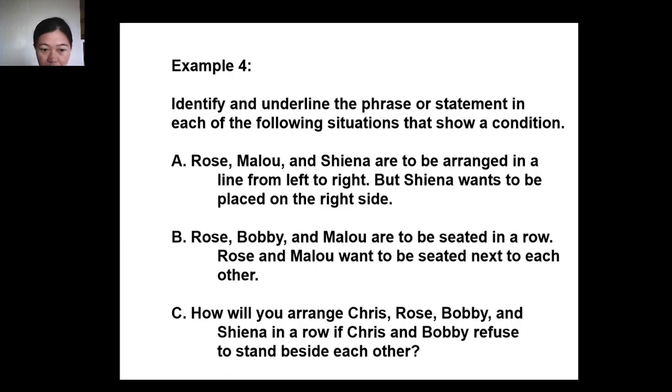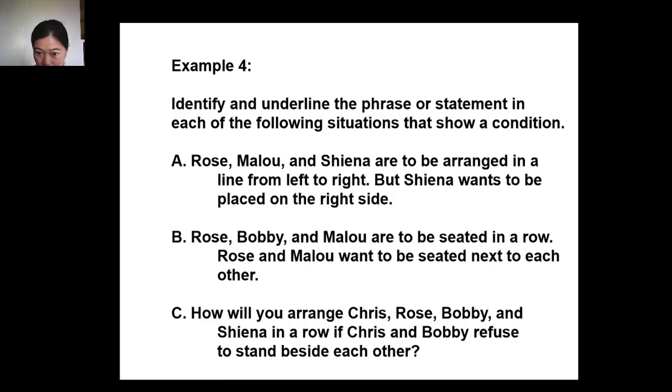Next, letter C. How will you arrange Chris, Rose, Bobby, and Sheena in a row if Chris and Bobby refuse to stand beside each other? So the condition for letter C, sabi doon, Chris and Bobby refuse to stand beside each other. So, yun naman yung request.